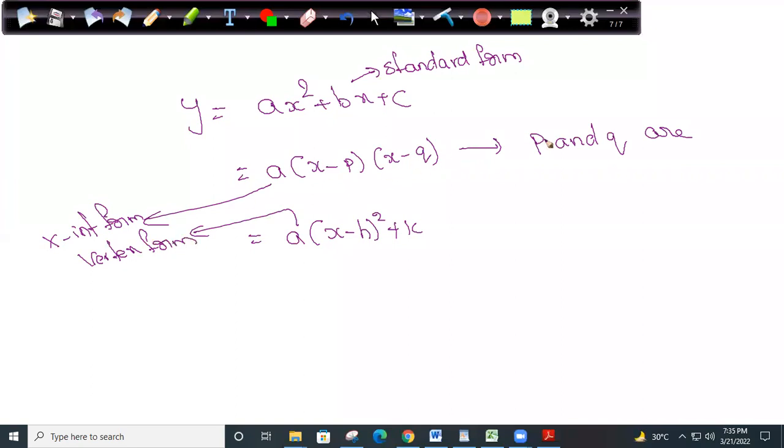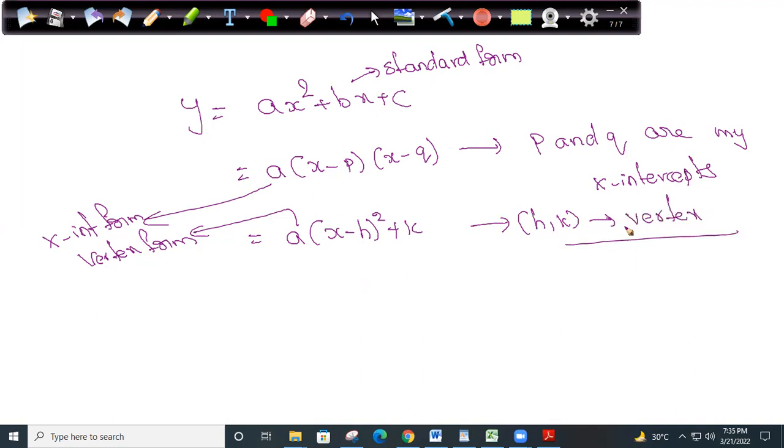So in x-intercept form, p and q are my x-intercepts. In the vertex form, h comma k is my vertex. Okay, so we know how to convert from one form to the other. I gave an example: x square minus 5x plus 6.